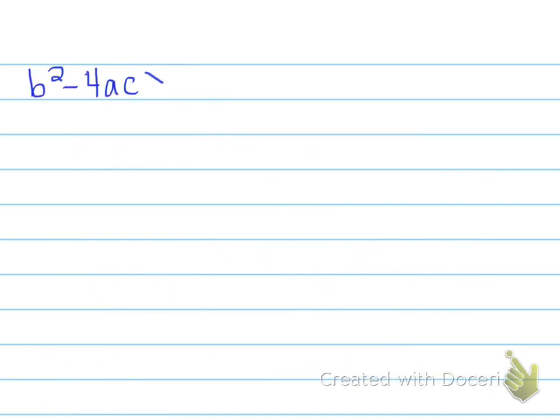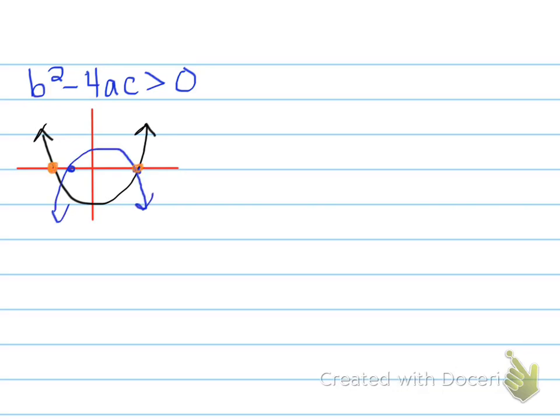When b squared minus 4ac is positive, that is greater than 0, what that means is that the parabola, the quadratic, will open either upwards and hit the x-axis twice, or open downwards and hit the x-axis twice as well.